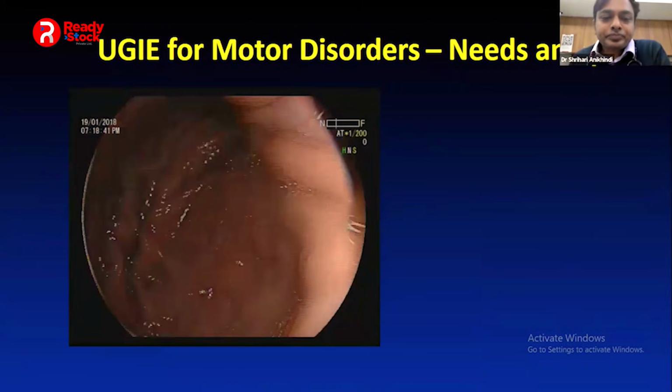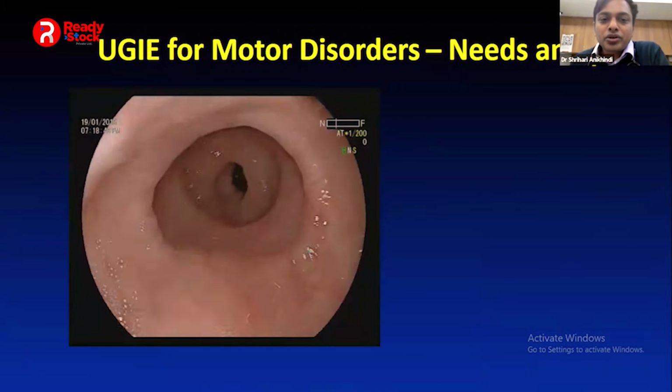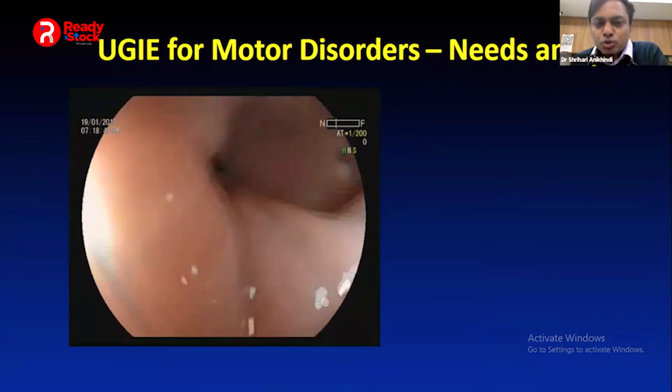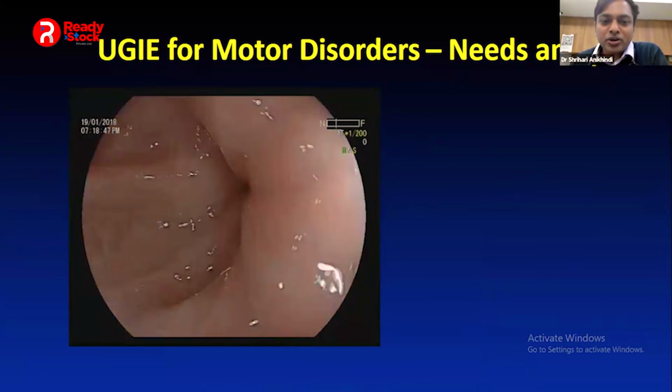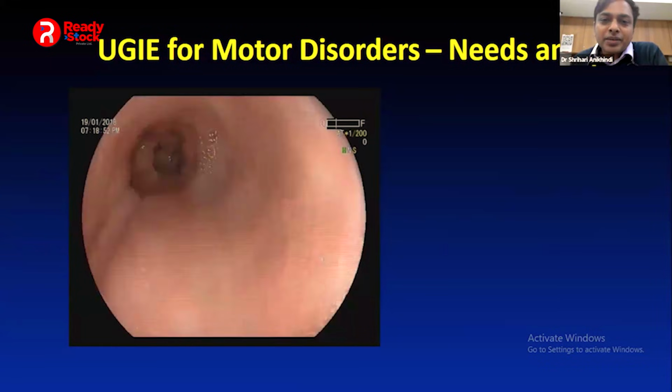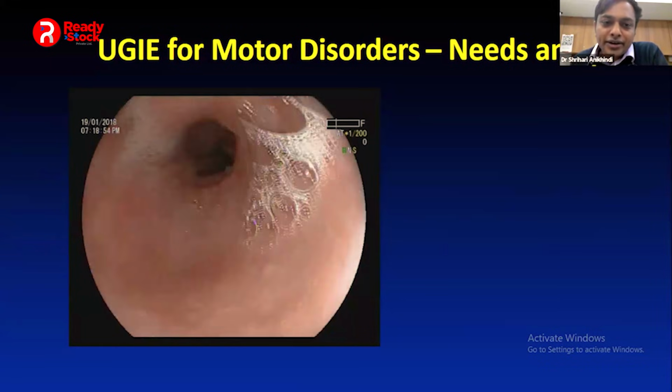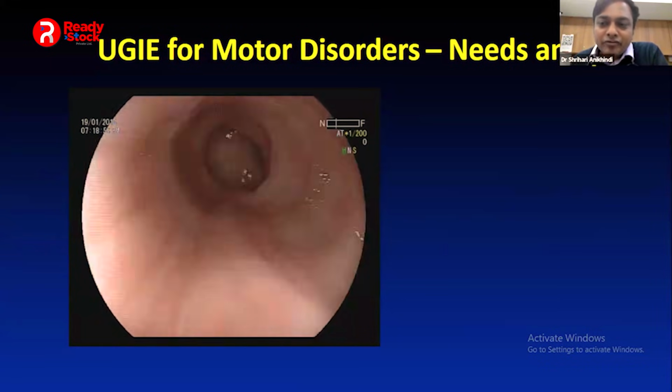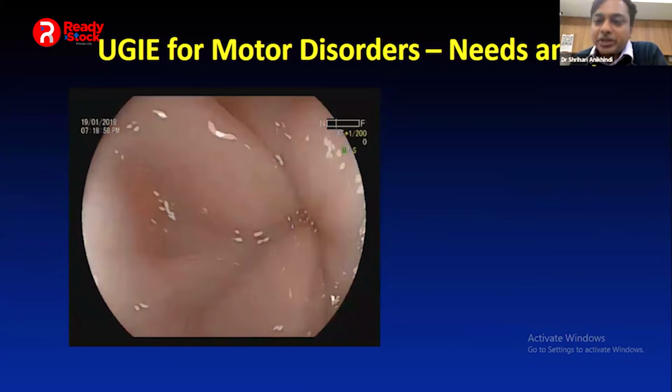So basically, when we talk of motor disorders, usually the first test that we all do for any kind of dysphagia is an endoscopy. But when a patient comes with non-obstructive dysphagia and you do an endoscopy, several times you might not pick up anything major.